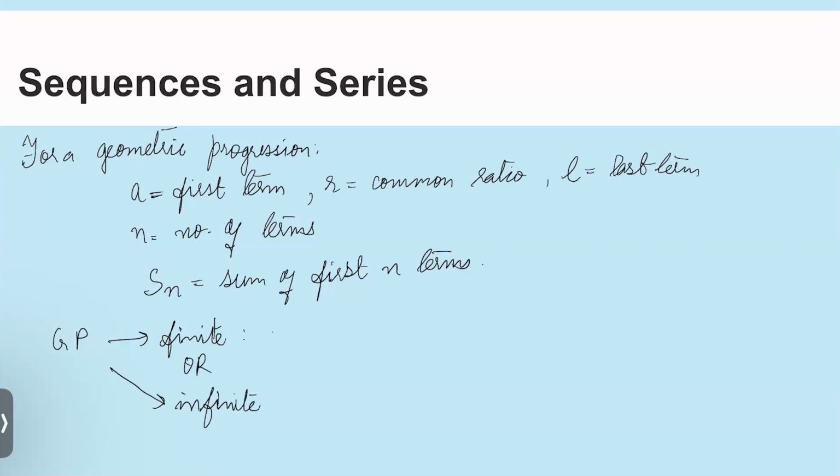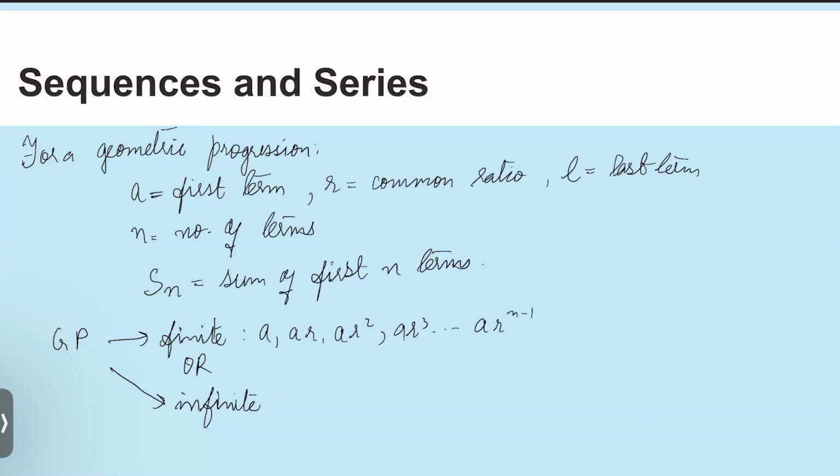Okay, so finite is where you have A1, A2, or just write it in the GP form: AR, AR squared, AR cube, all the way up to AR n minus 1.